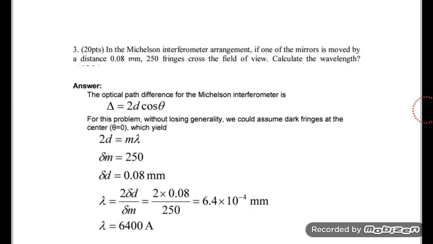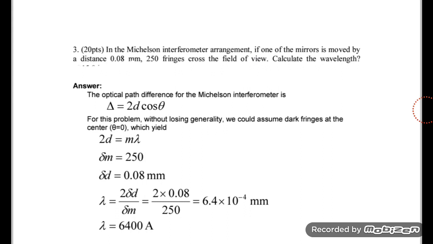If theta equal to 0, cos 0 is equal to 1, then delta is equal to 2d. For a dark ring in Michelson interferometer, delta is equal to m lambda.